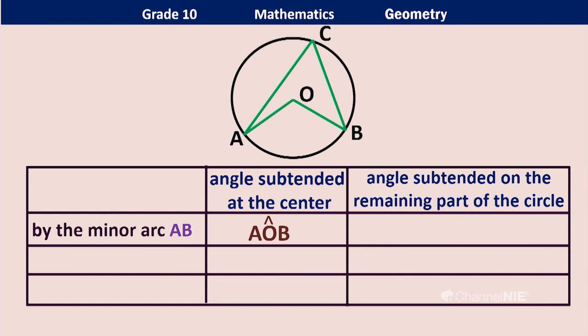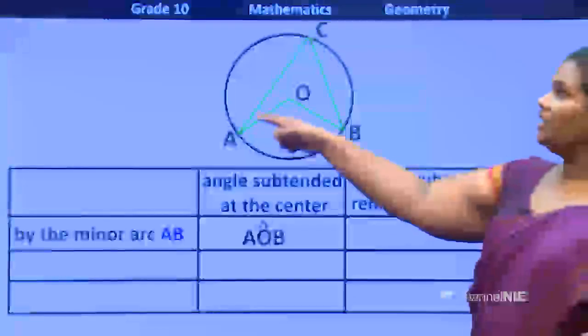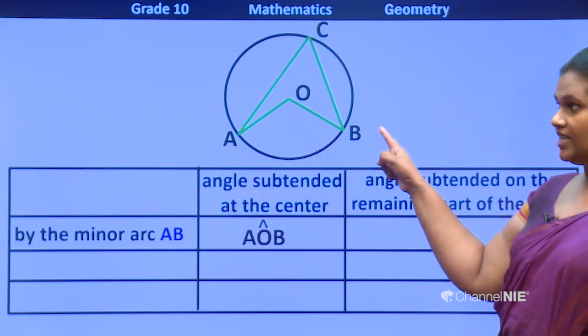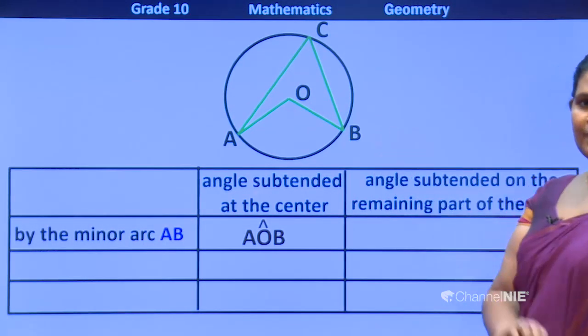Then we have to find the angle subtended on the remaining part of the circle by the minor arc AB. Right. Now, if we consider the minor arc AB, the remaining part of the circle can be considered as ACB. Right.